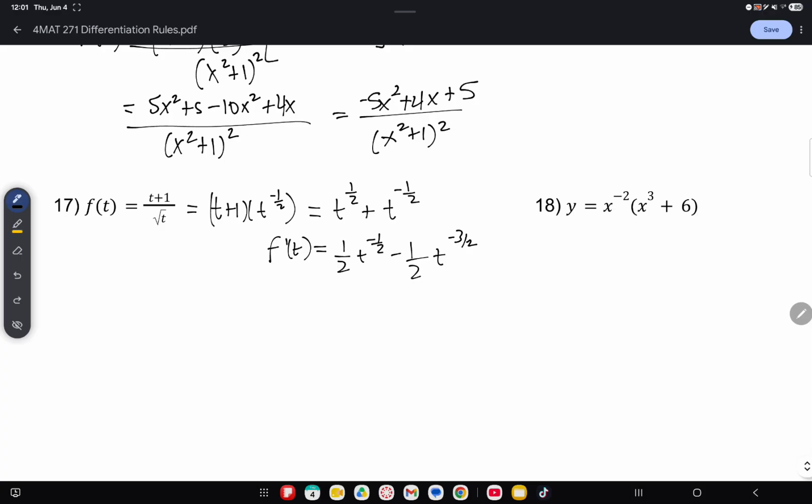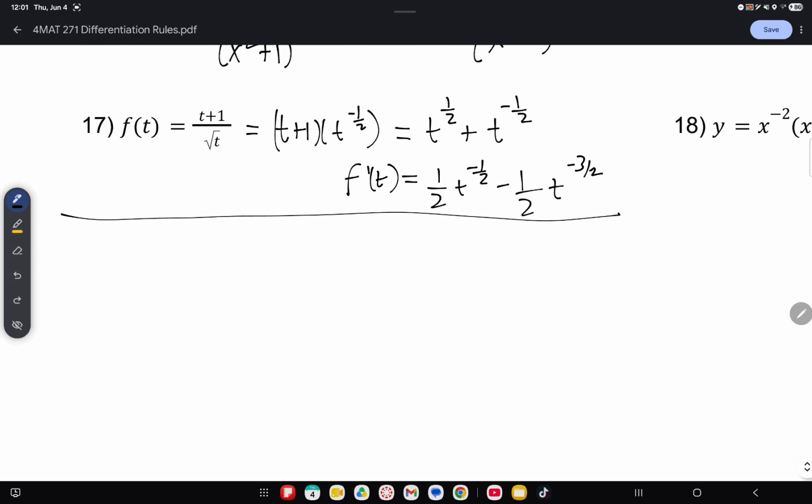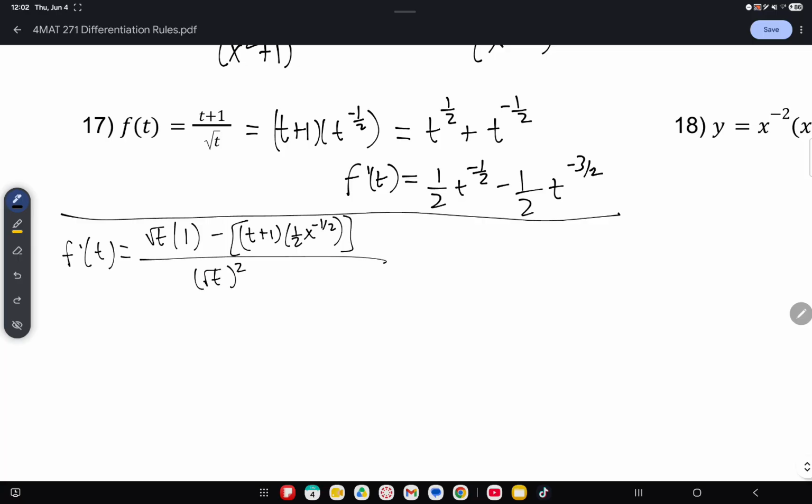So that's what I would do. And then if you do the quotient rule, you might not simplify out all the way to this exact form. So you know what? Let's do it just to see it. So low times derivative of the top minus top times the derivative of the bottom all over the bottom squared.